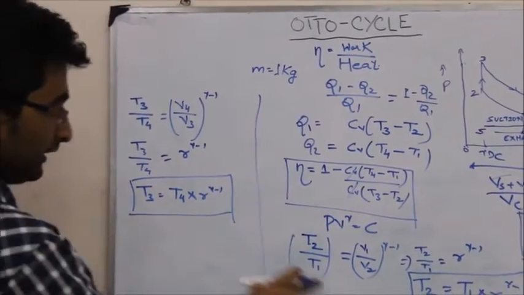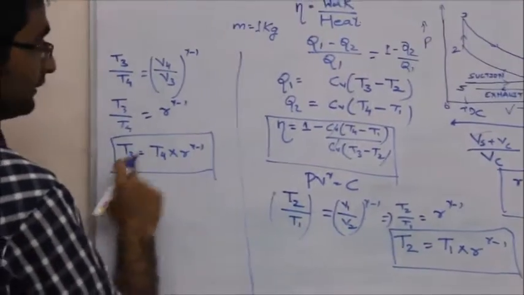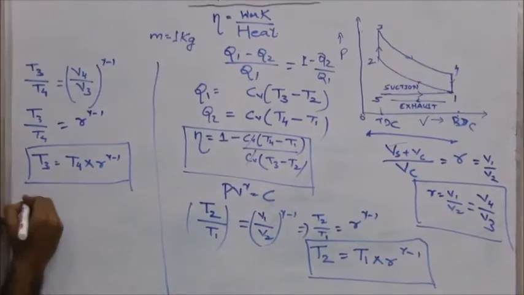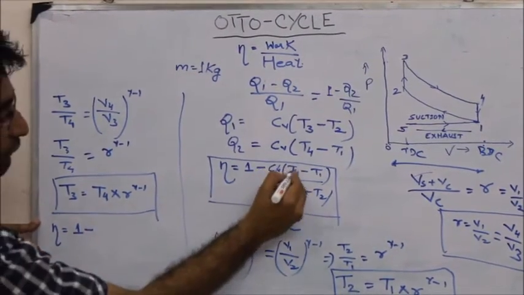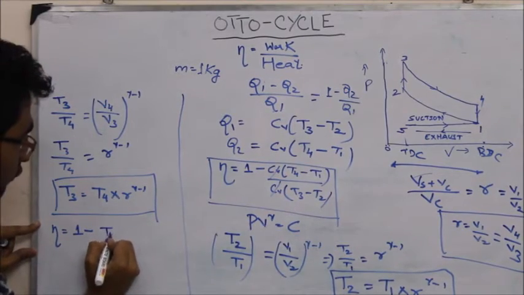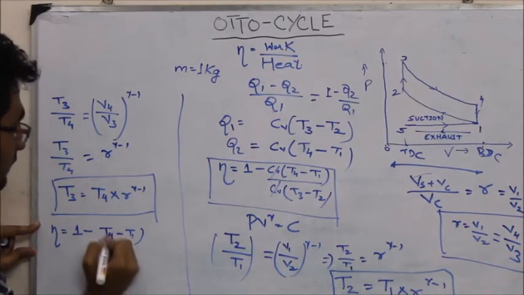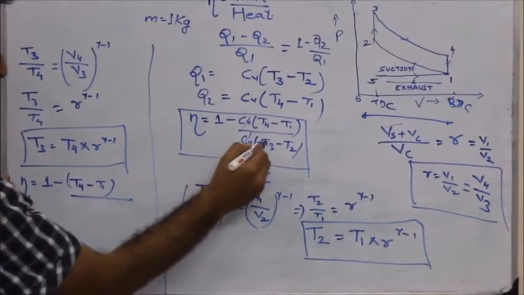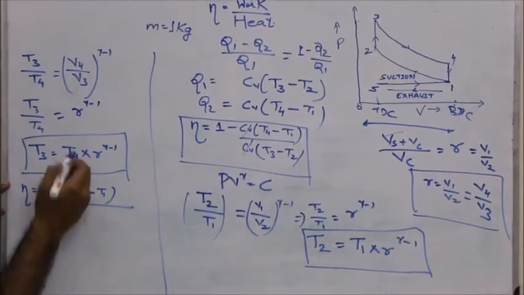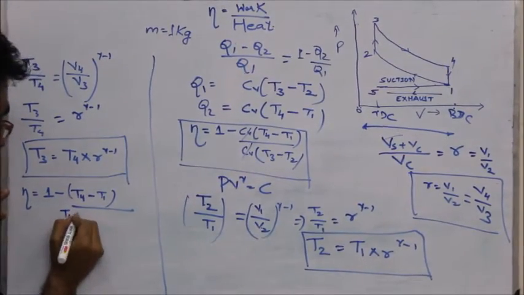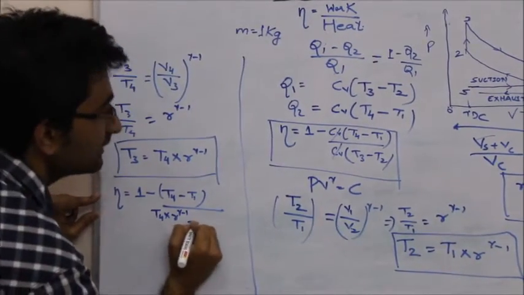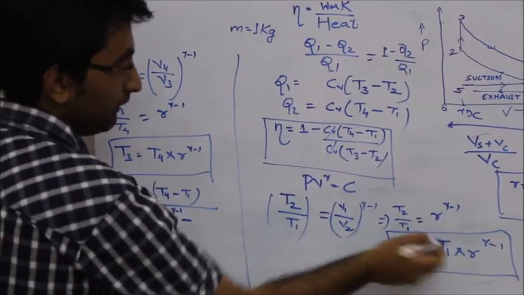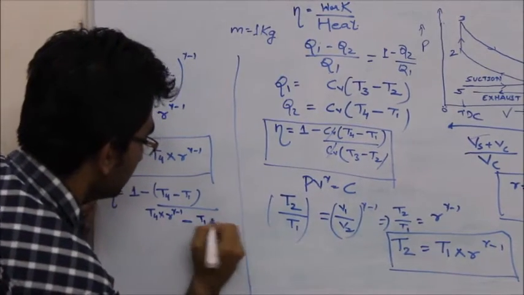Now, substituting the values of T2 and T3 in the formula of efficiency. Efficiency is equal to 1 minus (T4 minus T1) divided by (T3 minus T2). For T3 we have T4 into r to the power gamma minus 1, minus T2. For T2 we have T1 into r to the power gamma minus 1.